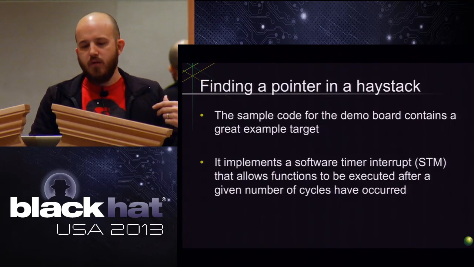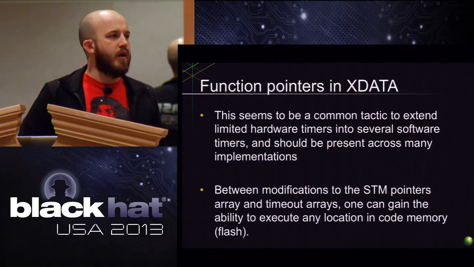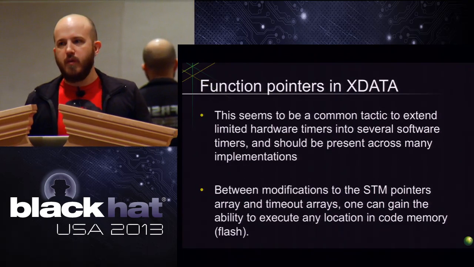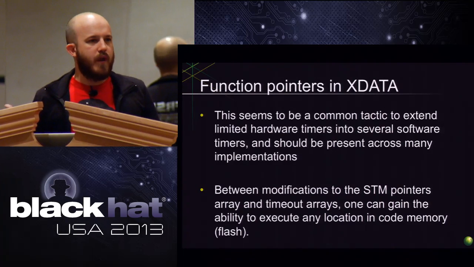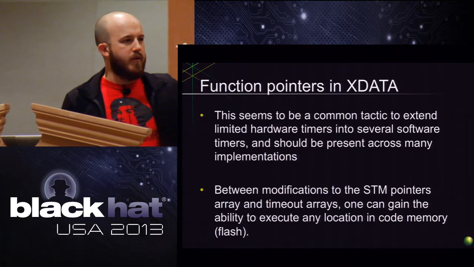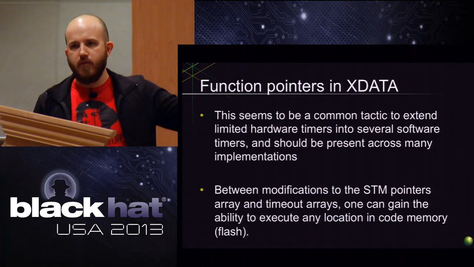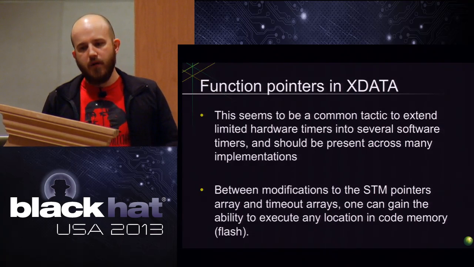It grants the ability for functions to be called after a certain number of cycles have occurred. Why it's there is because hardware timer interrupts are relatively expensive, because you don't have a lot of them. On this one, I think you've got maybe 4 hardware timer interrupts. You basically say, I want you to invoke this function after this many cycles have run, or do this particular callback whenever this interrupt fires.